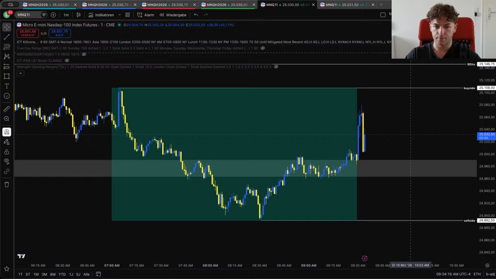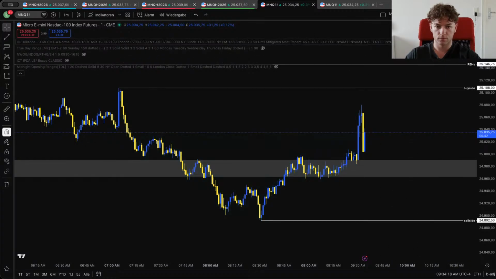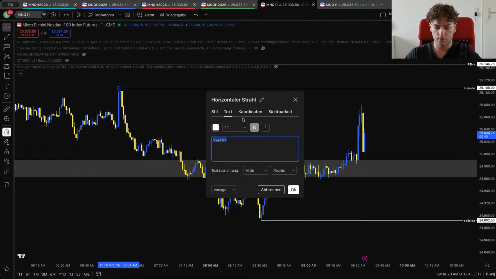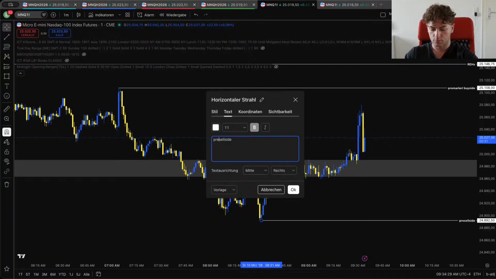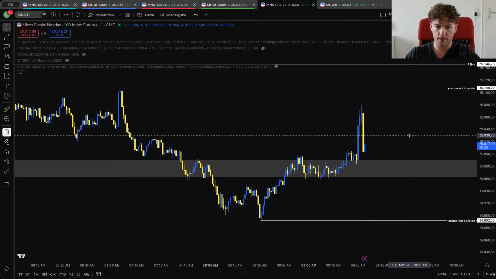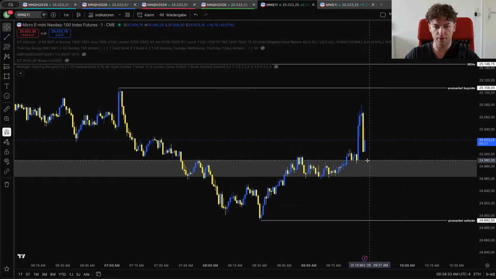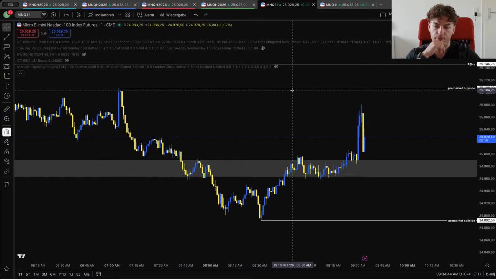Pre-market buy side, pre-market sell side, we have the new opening range gap here, the 9:30 opening here. So we haven't taken out buy side, that's good.